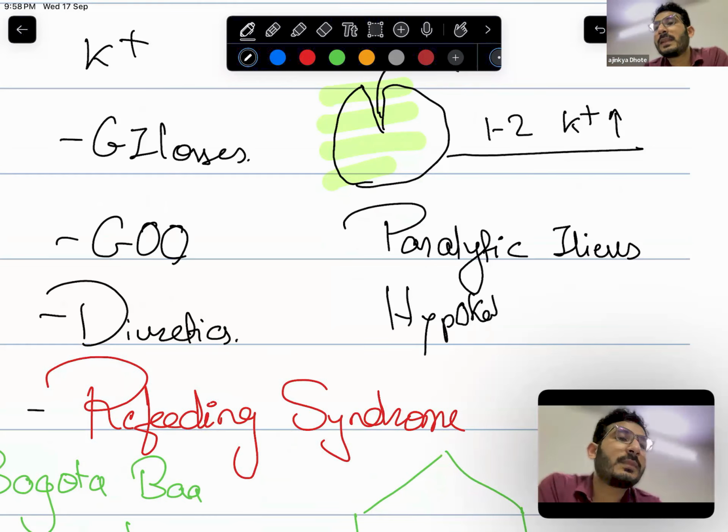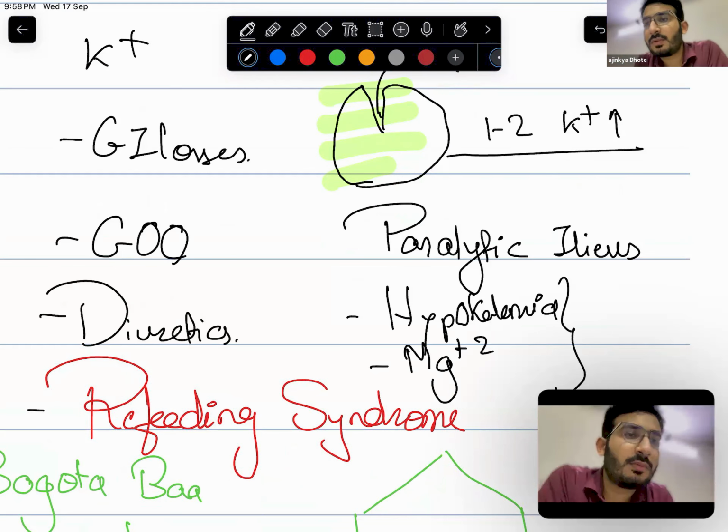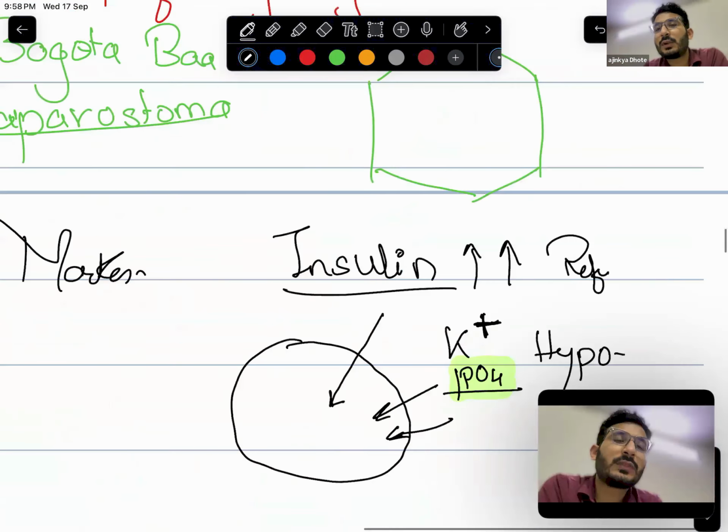So we always try to replenish potassium in the post-op phase, along with your magnesium. Both these parameters are important for paralytic ileus in the post-op phase. So this is just one point you need to know.